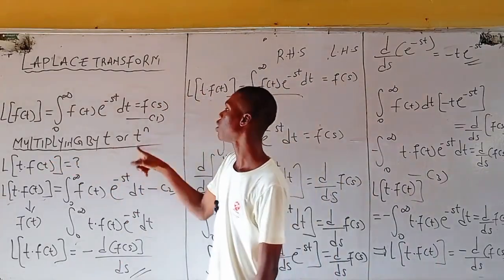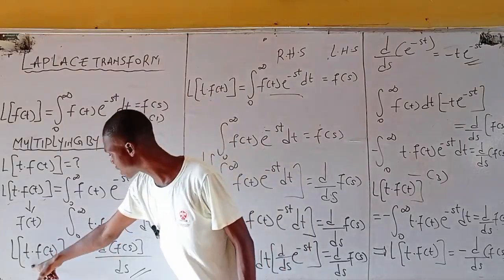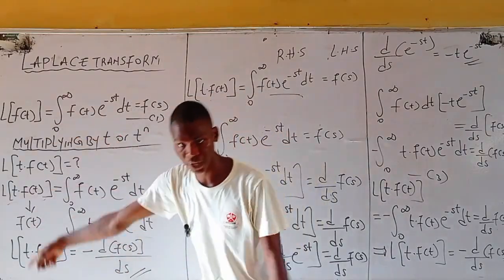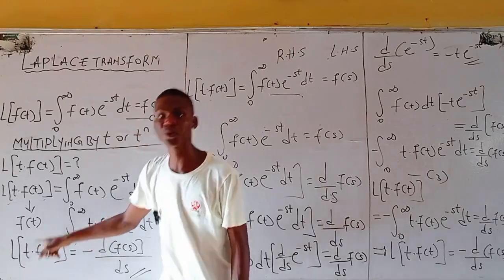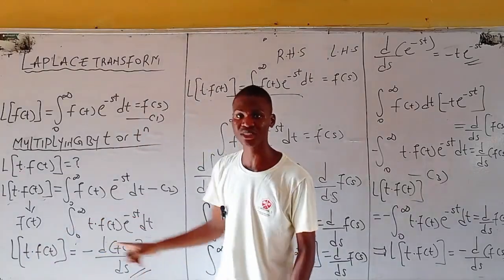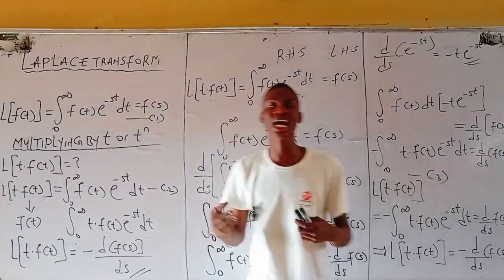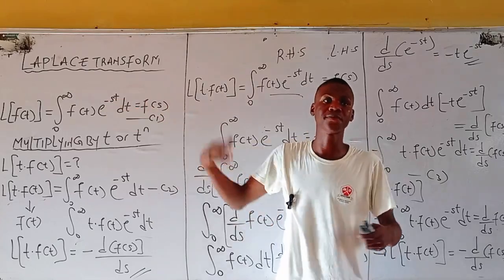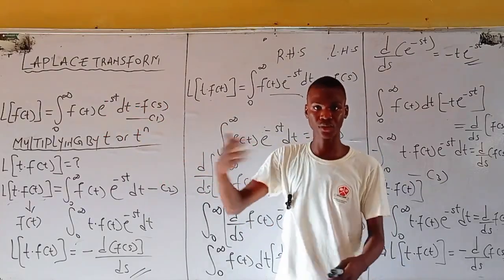If the Laplace transform of t multiplying f of t is equal to this, then t raised to the power of n becomes the nth derivative. If I have t raised to the power of 2, I will differentiate f of x twice, just like our normal higher differentiation: the second order, the third order, the fourth order.